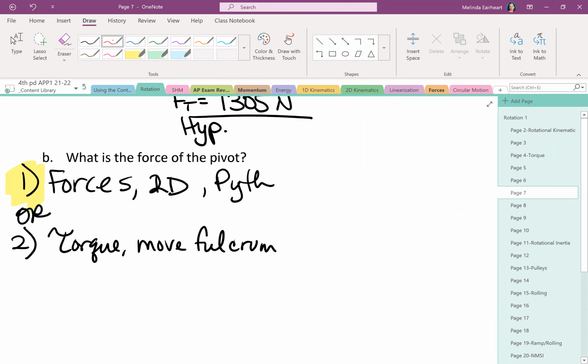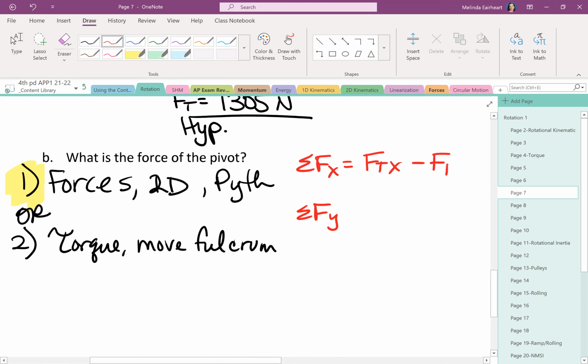And so I mentioned the 2D. And so remember, we've got up, down, left, right. With forces, you have F net X and you have F net Y. And so horizontally, we had tension in the horizontal, and then your pivot also had a horizontal force.